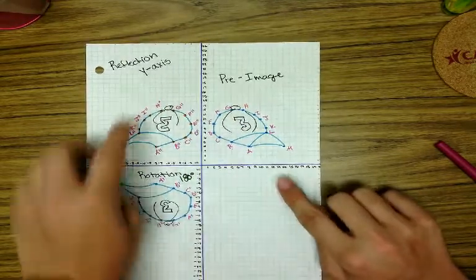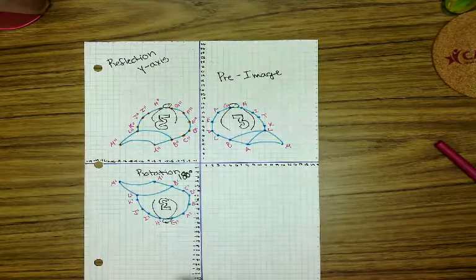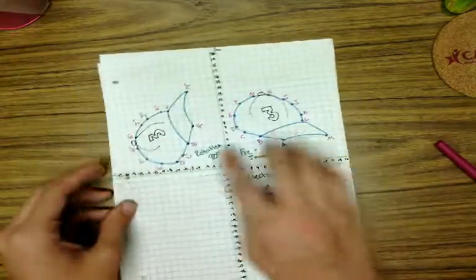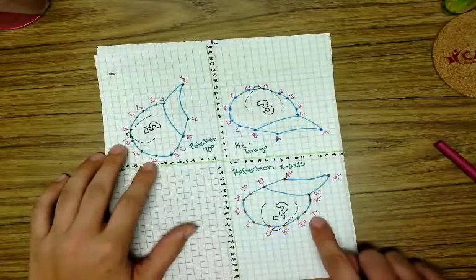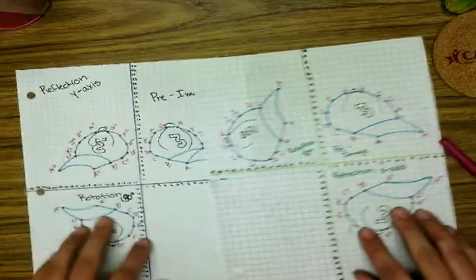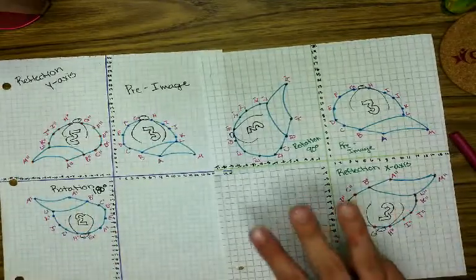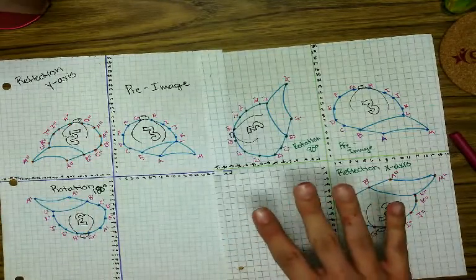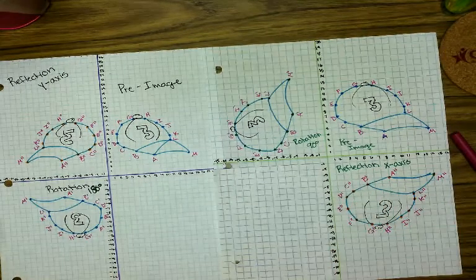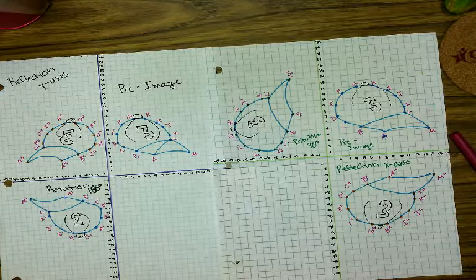Or you have this one right here, where you have your pre-image, your 90-degree rotation, and a reflection over the x-axis. So at the end of this video, you should have a total of 3 images on your graph paper, no more, no less. Tomorrow we will work on the last type of transformation. So go ahead and finish up on this day.